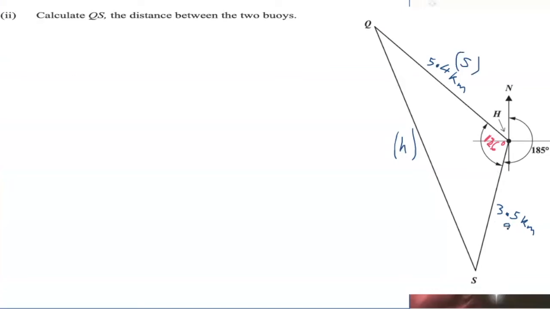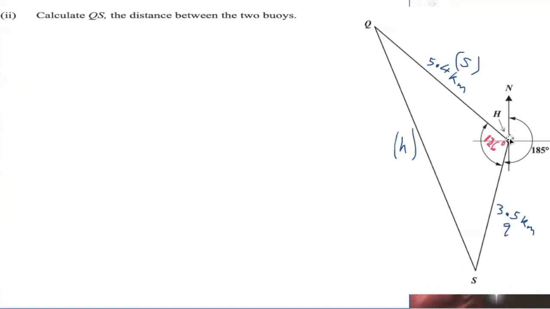So rather than writing QS, HS, and QH or HQ, I can rewrite it by the angle facing each side.